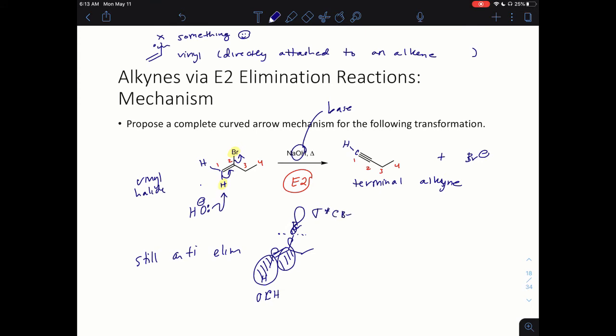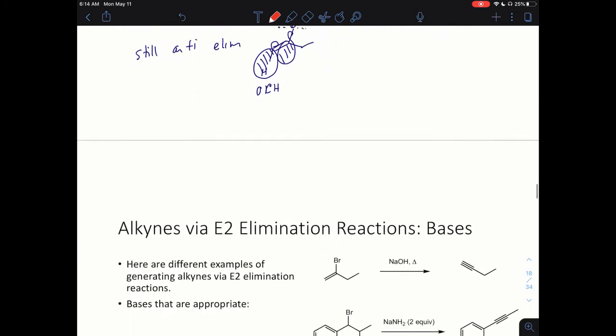Because recall, what I'm showing here is non-bonding oxygen attacking sigma star CH, and then filling sigma star breaks sigma, and then these sigma electrons need to fill up sigma star CBr to break that CBr bond. All right, cool. So what is the bottom line here? Alkynes, terminal alkynes, but alkynes in general, can be made from elimination of vinyl halides, and we use a strong base, just like you already know for E2.